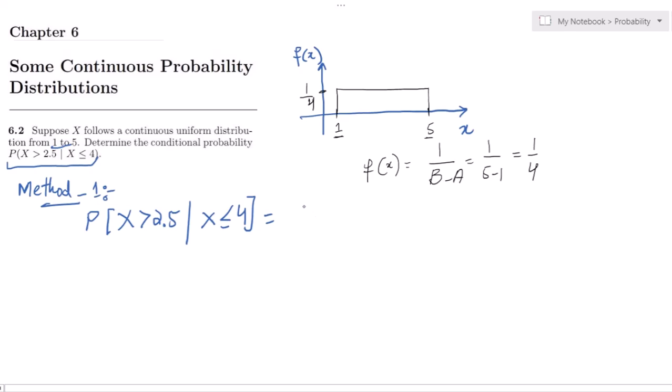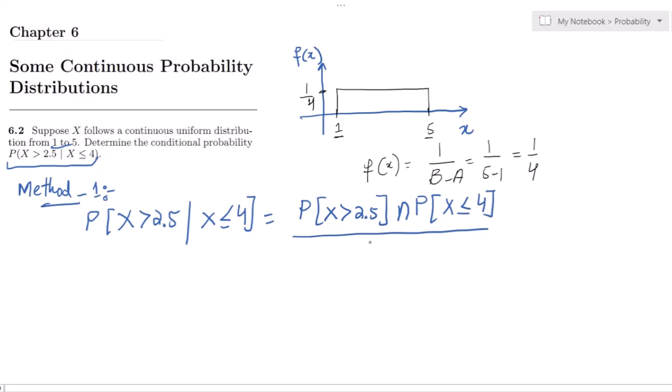According to conditional probability, we write the probability that x is greater than 2.5 and x is less than or equal to 4, divided by the probability that x is less than or equal to 4. These two are connected, so we can write them combined: x is greater than 2.5 and less than or equal to 4.